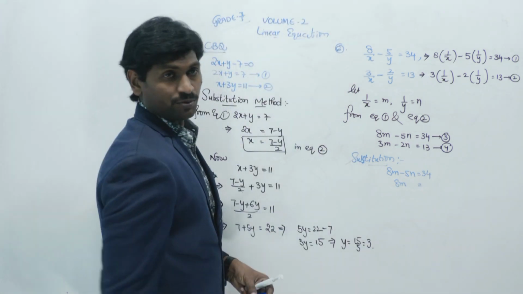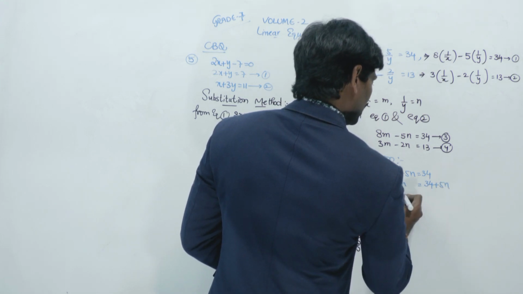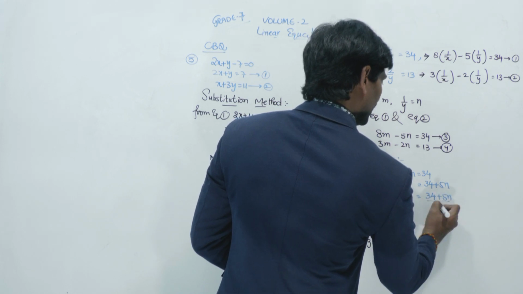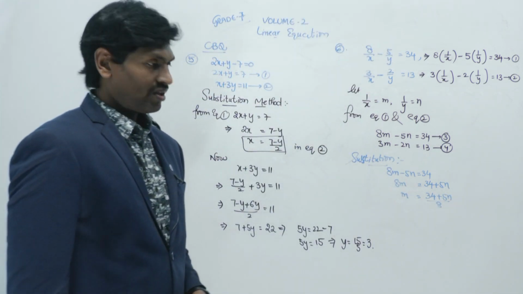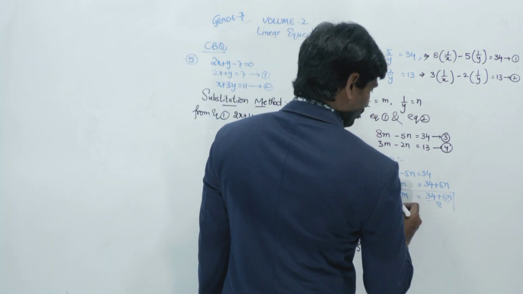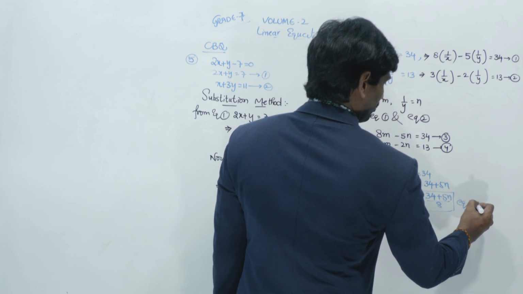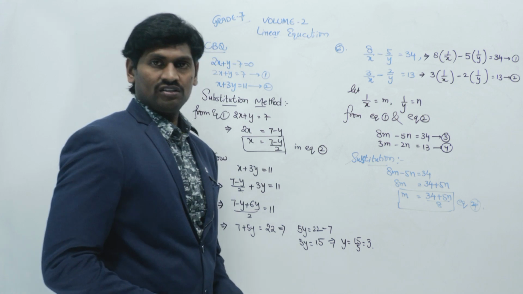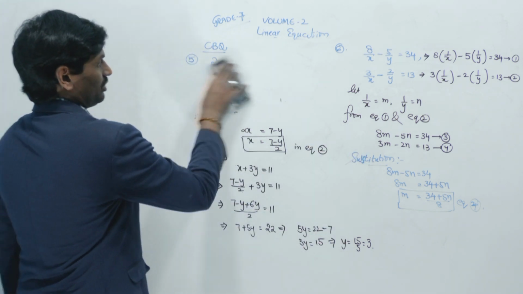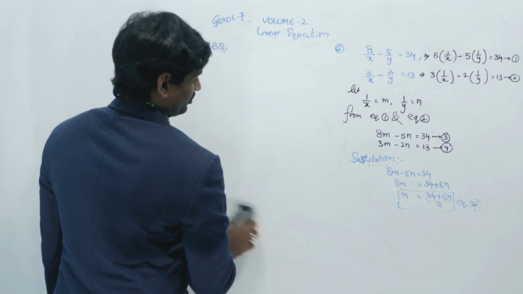Minus 5n transposed becomes plus 5n, so m equals 34 plus 5n divided by 8. Whenever you see the m value, you have to substitute it in equation 4.